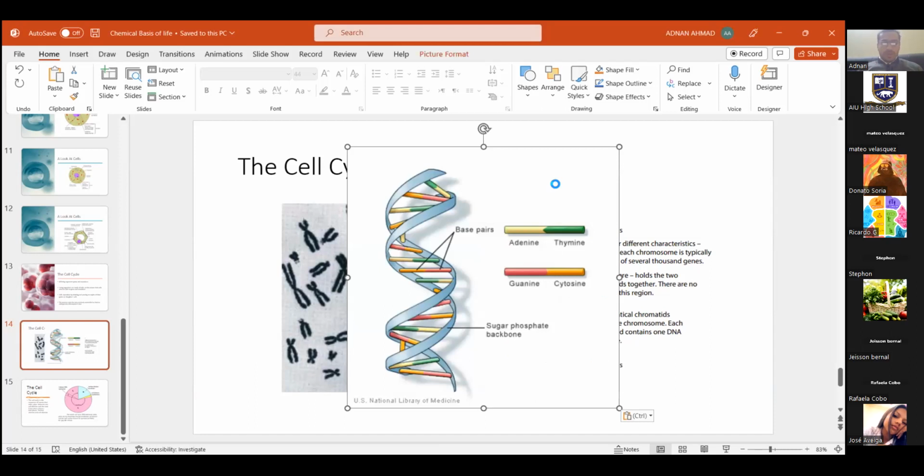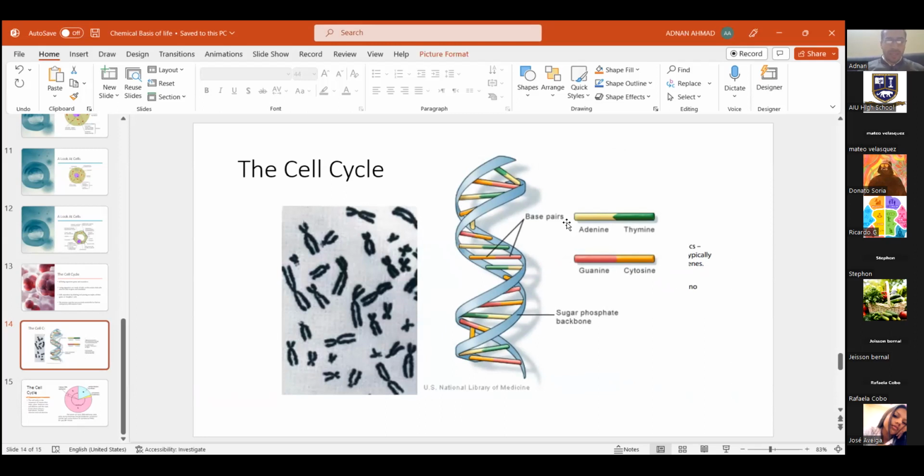This double helical, ladder-like structure is what a DNA molecule looks like.